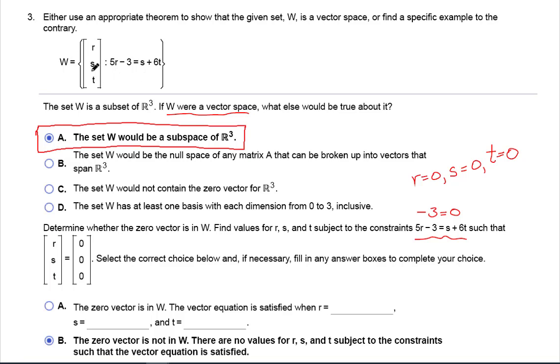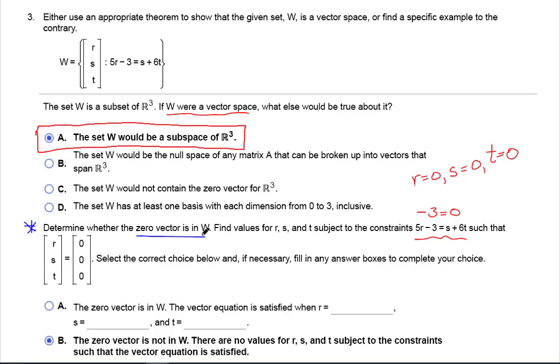So if this is going to be a vector space, well, it has to be a subspace. That's certainly true. It has to have the 0 vector in it. So I want to know, is the 0 vector in W or not?